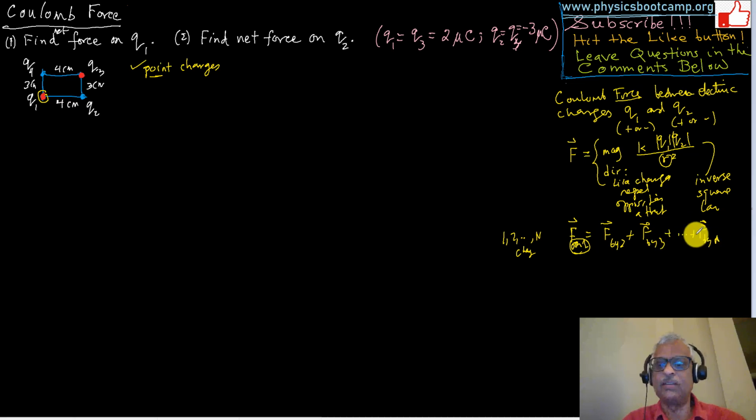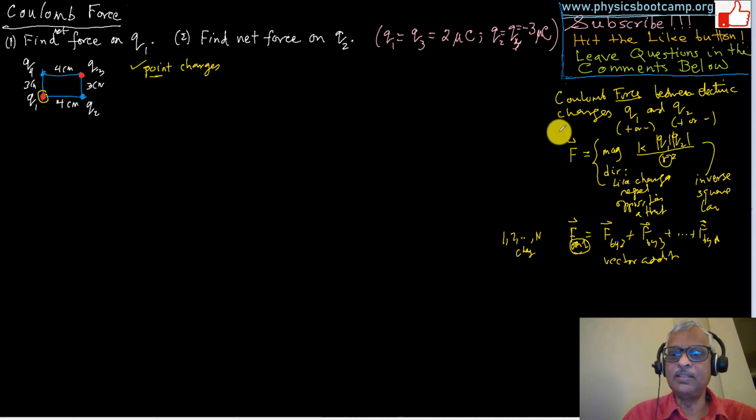All the other charges, and this is a vector addition. You can see this law here makes it really hard to do the vector addition. So the way I like to think about it is, you can think about this law more analytically.